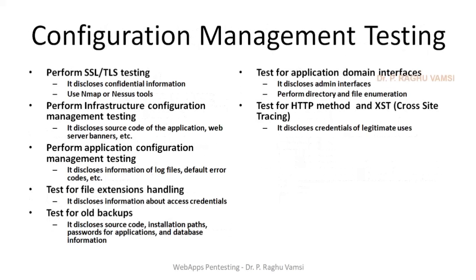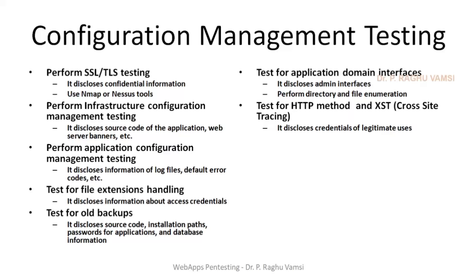Next, once you gather the information, the first thing that you can do is configuration management testing. In configuration management, if your web application supports HTTPS, then perform SSL or TLS testing. It discloses confidential information, that is the security level they are providing, the security certificate versions, the SSL or TLS certificates, and version numbers.